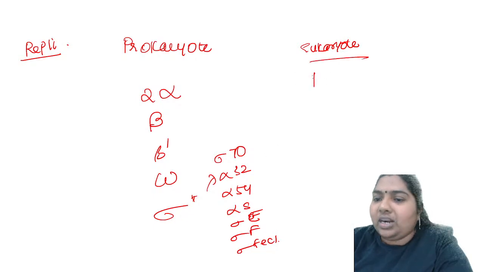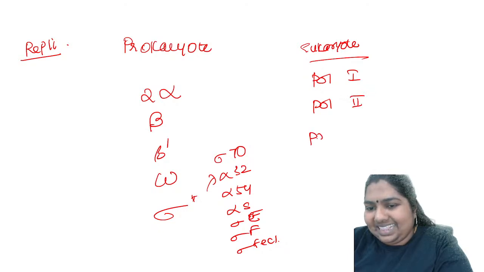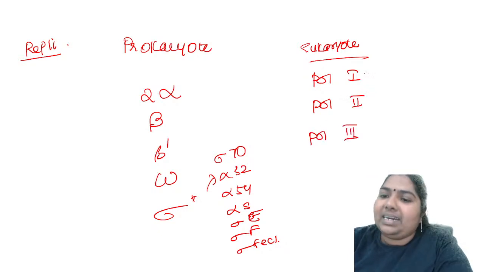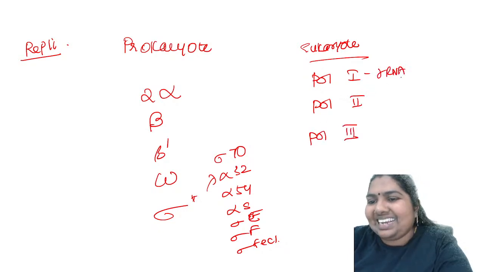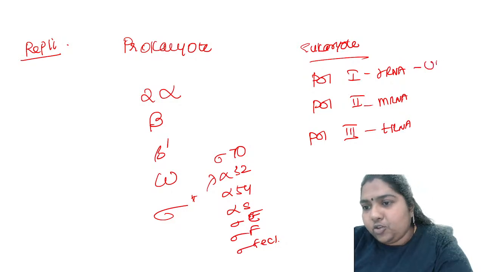Under the eukaryote, we saw Pol 1, Pol 2, Pol 3. Pol 1 is going to be synthesizing your rRNA, Pol 2 is for your mRNA, and Pol 3 is for your tRNA. For Pol 1 you have this UBF and SL1.